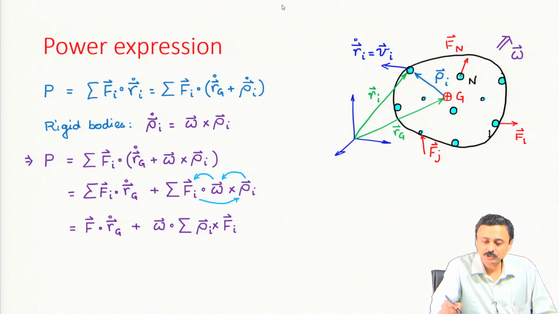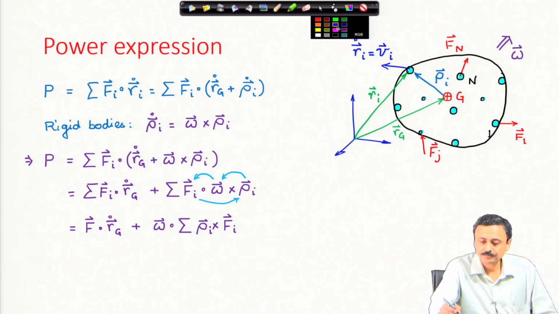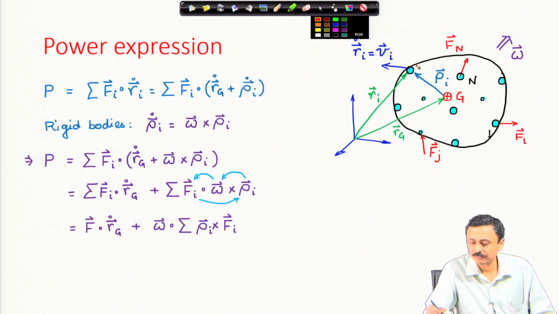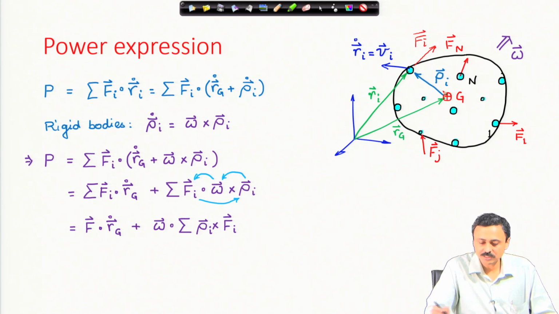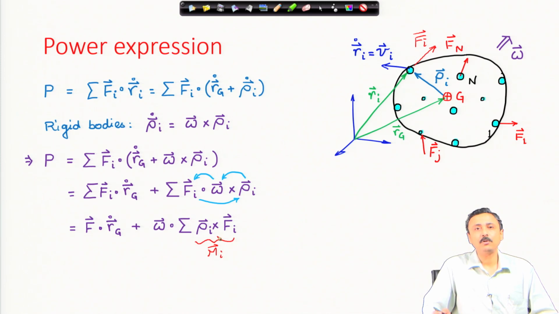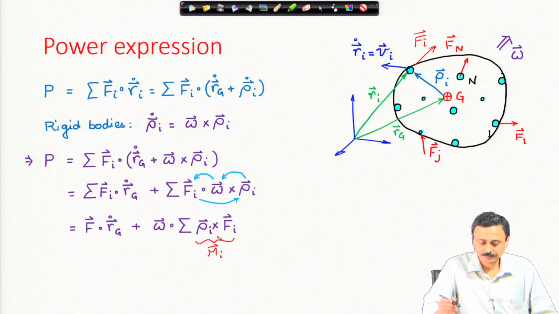Fi is the force on the ith particle. Recall that Fi is the force on the ith particle. Therefore, rho I cross Fi, this is nothing but the moment because of the force on the ith particle, moment about the center of mass.